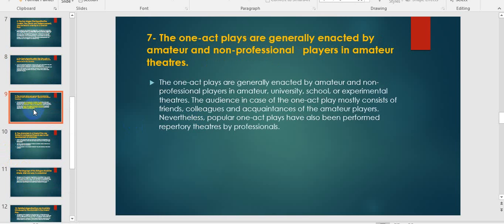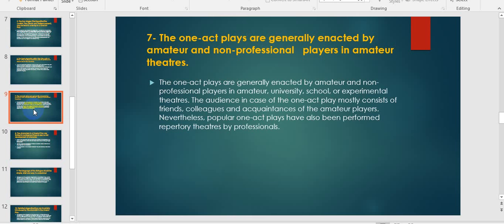The following point is that one act plays are generally enacted by amateur and non-professional players in amateur theaters. One more distinction between one act and full-length plays is that while full-length plays are performed in commercial theaters by professional actors, one act plays are generally enacted by amateur and non-professional players in amateur, university, school, or experimental theaters.